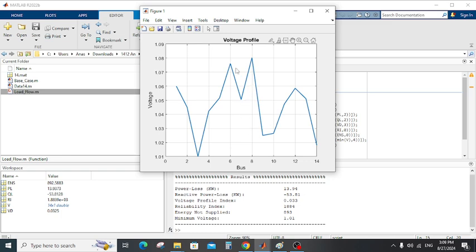If you go above or below 1 per unit, it is not the base voltage that we want the system operating on. So a voltage profile near 1 per unit is better than above or below 1 per unit.